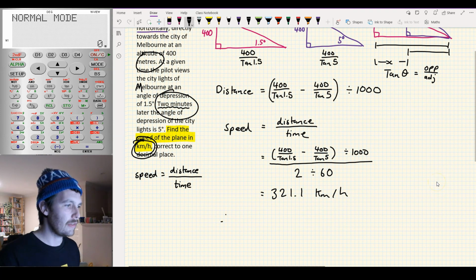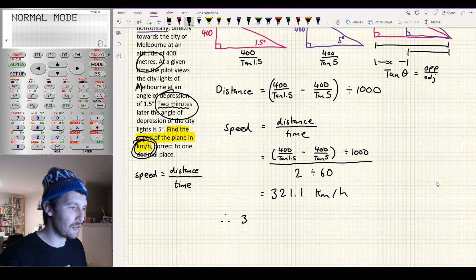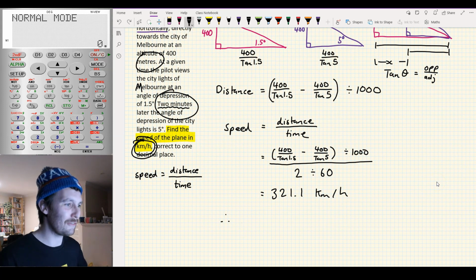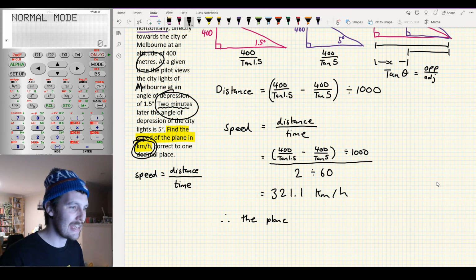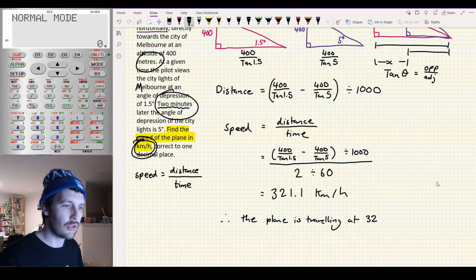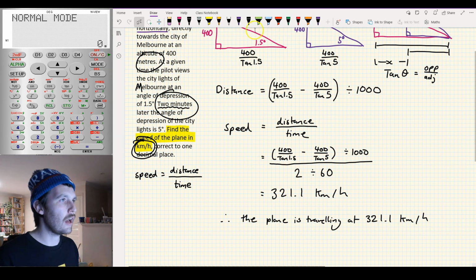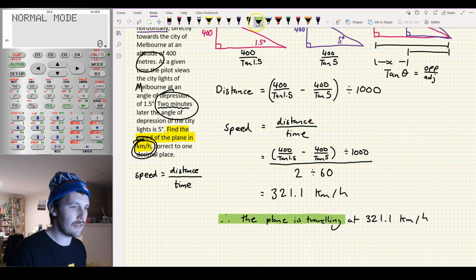So I'll say, therefore, the plane is traveling at 321.1 kilometers per hour. Give that a nice highlight to make it clear to your assessor that that is your answer.